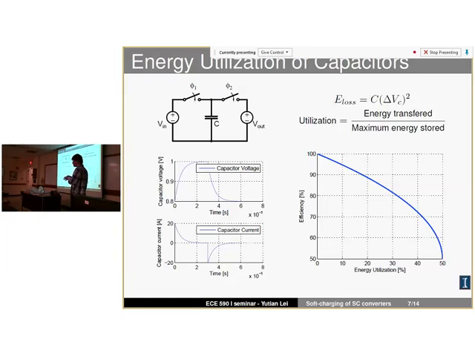So even though capacitors have much higher energy density compared to inductors, normally we can only use 10% of that, which means we only transfer 10% at a time. If you want more, the efficiency suffers. So this actually offsets the advantage of the high energy density of capacitors. So we really need to solve that.